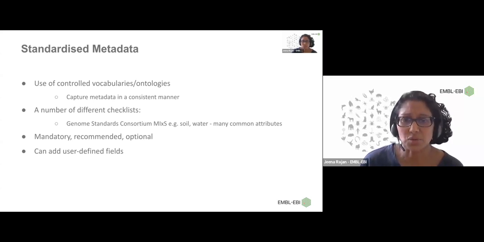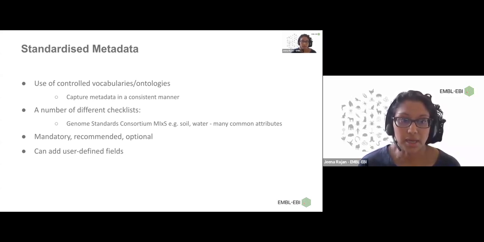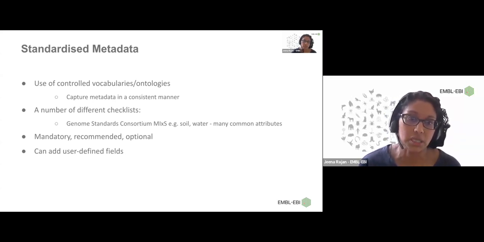And the Genome Standards Consortium is a working body that works with communities to come up with these standards. The attributes in the checklists fall into three categories: mandatory, recommended, and optional. Mandatory means it is required; your submission will not get validated without that attribute in it.